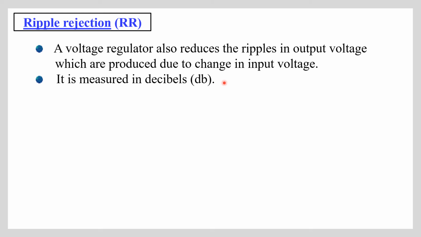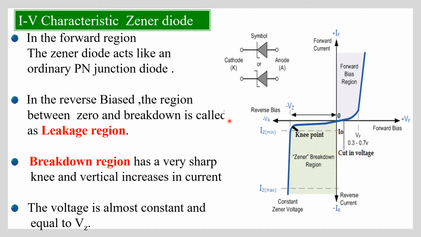So we have seen the characteristics of power supply, that is load regulation, line regulation, output impedance, overload protection and ripple rejection. Let us see the VI characteristics of Zener diode. We already studied in 11th standard the different types of diode: PN junction diode, Zener diode, light emitting diode.